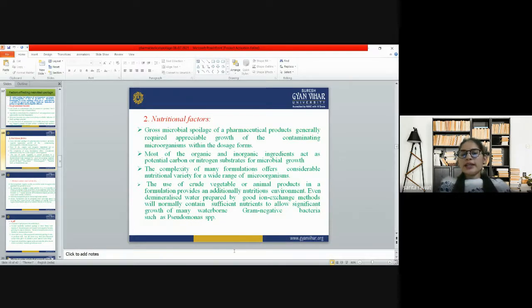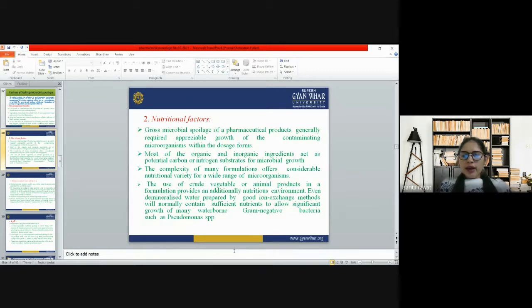Most of the organic and inorganic ingredients act as potential carbon or nitrogen sources for microbial growth, and the complexity of many formulations offers considerable nutritional variety for a wide range of microorganisms. The use of crude vegetable or animal products in a formulation provides an accidental nutrient environment.